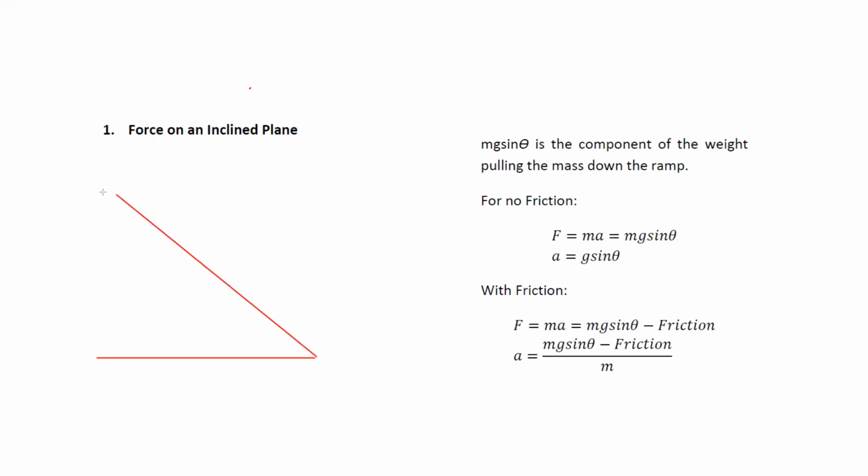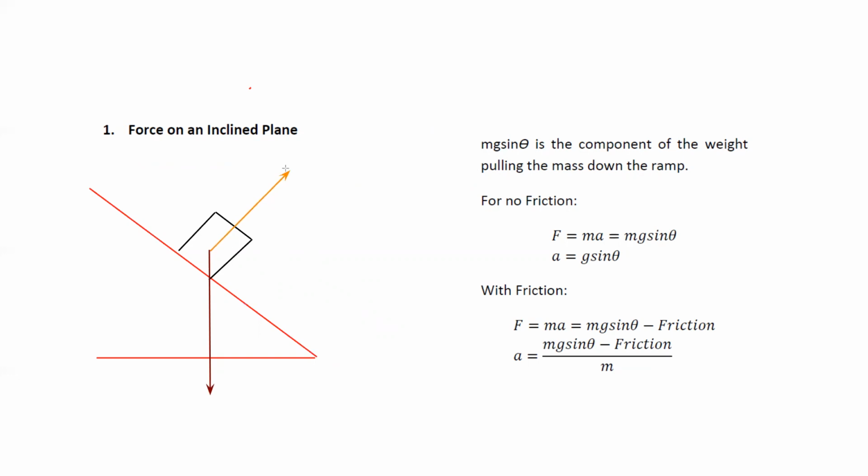So we have to resolve the weight first into components. Here is an object which is on the inclined surface. The weight of this object is acting downward. The normal contact force is acting upward, perpendicular to the surface.